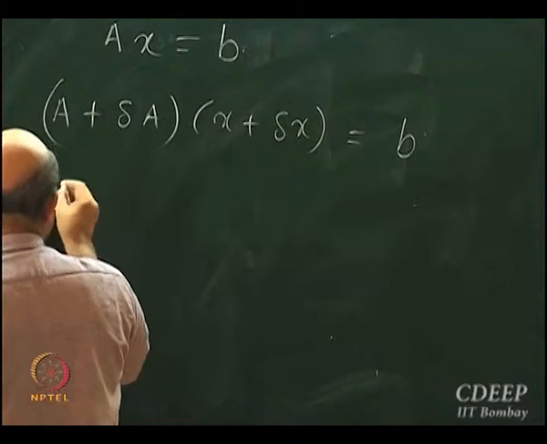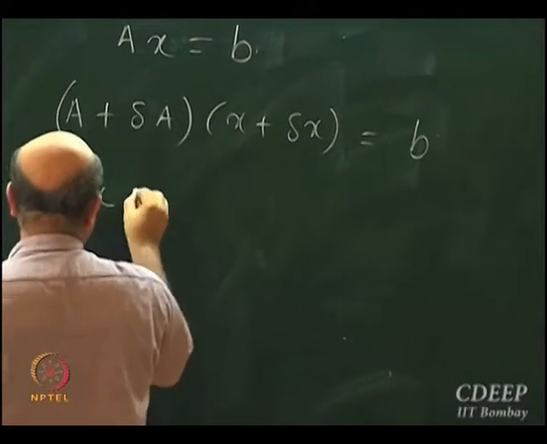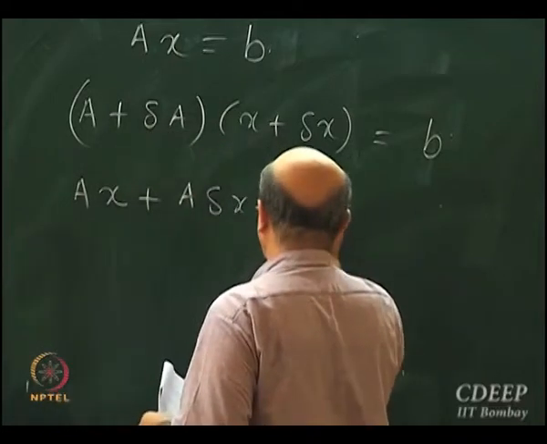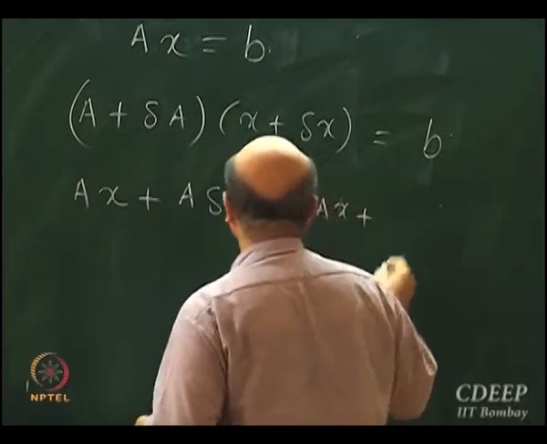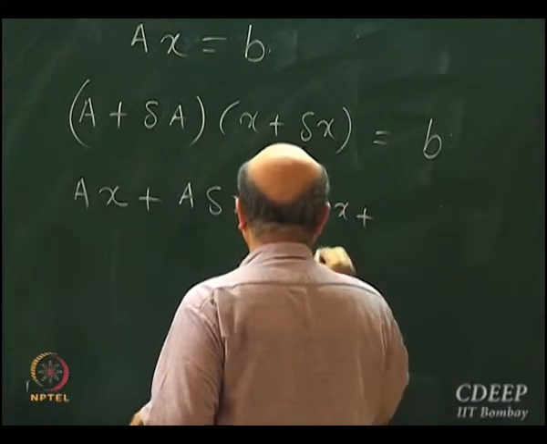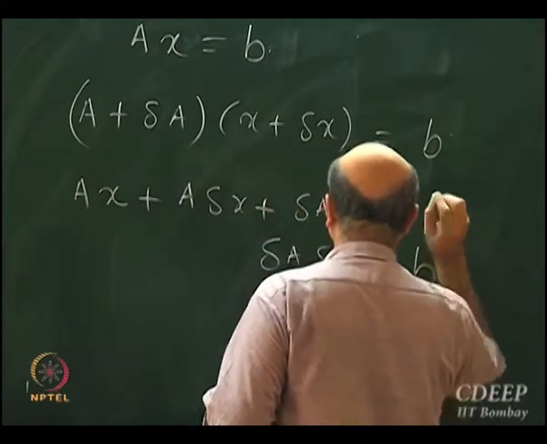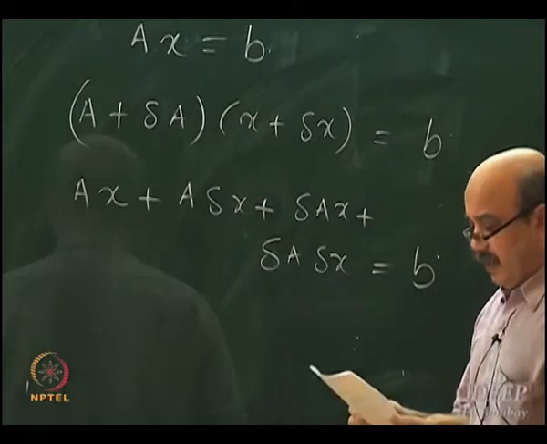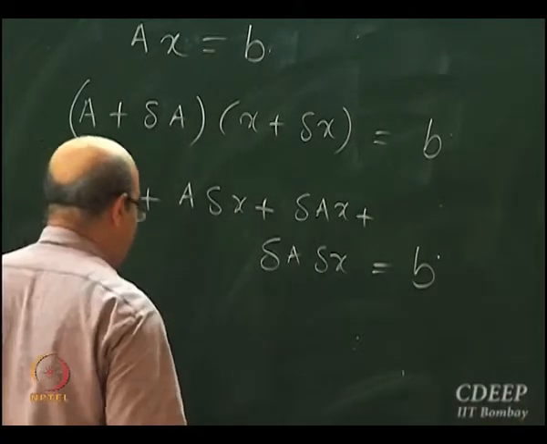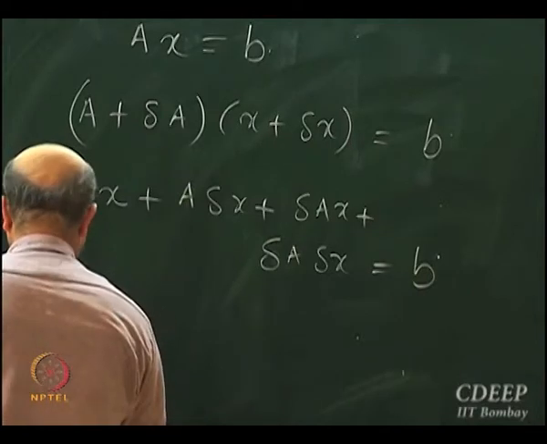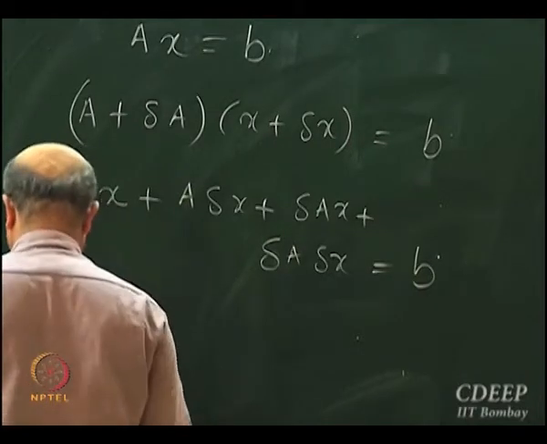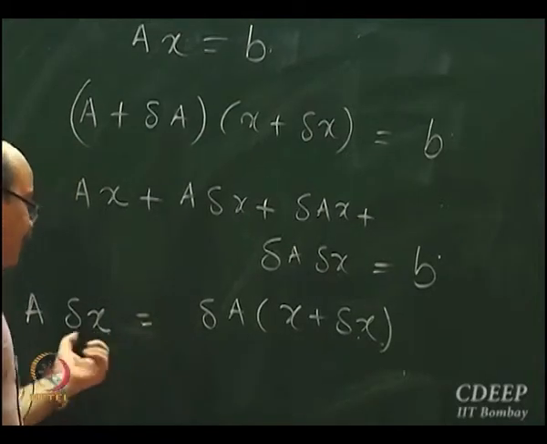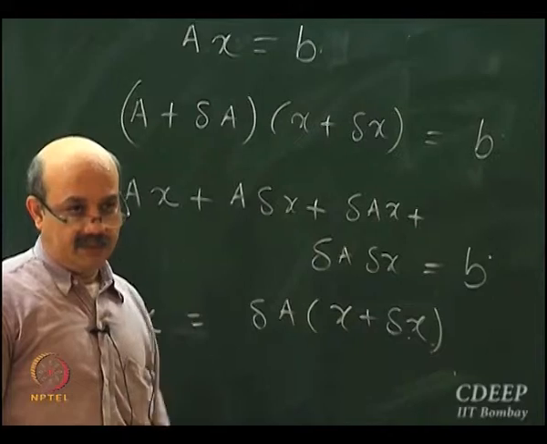If I expand this, it will be Ax plus A delta x plus delta A x plus delta A delta x is equal to b. Okay, and then I am going to rearrange this, retaining this delta x on both sides here.